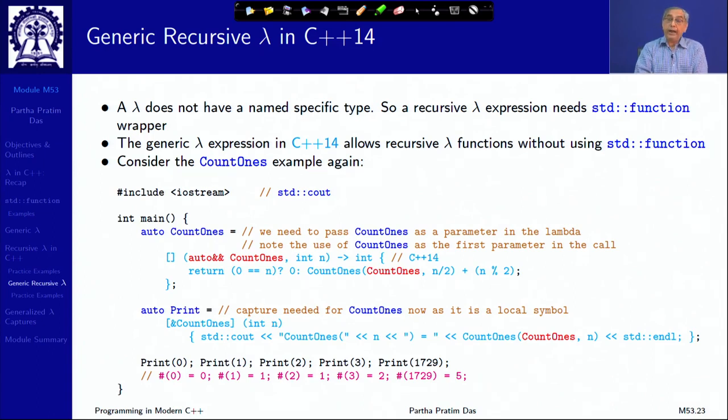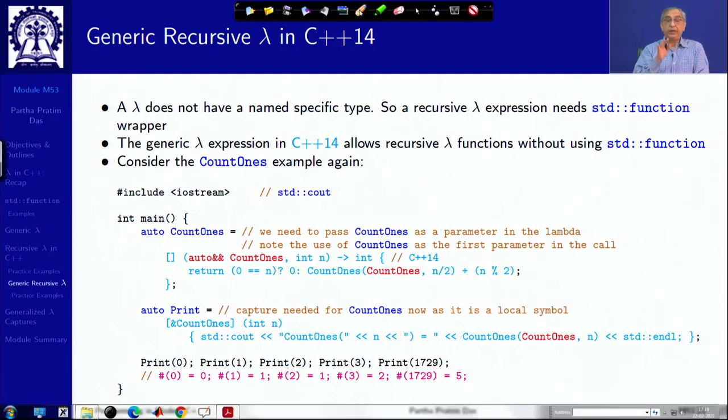Now, in C++14, I have generic lambdas. So, I can write a generic recursive lambda in C++14. That will get rid of the std::function requirement. So, I do a simple trick. The problem was that earlier this symbol was not known to the lambda.